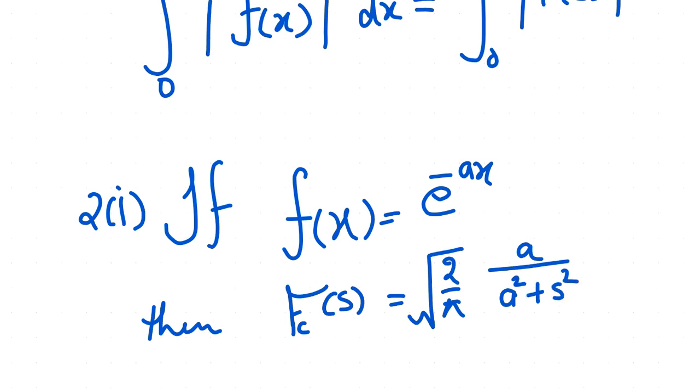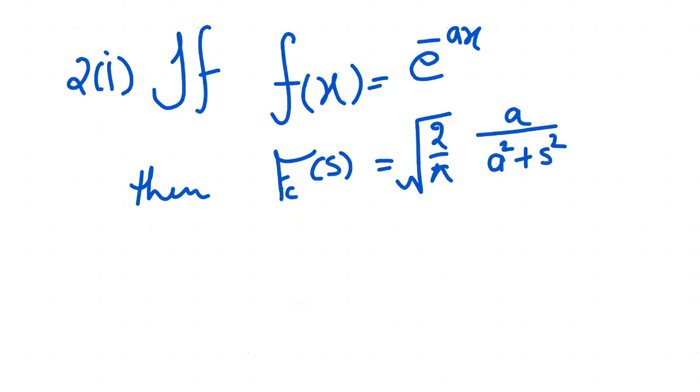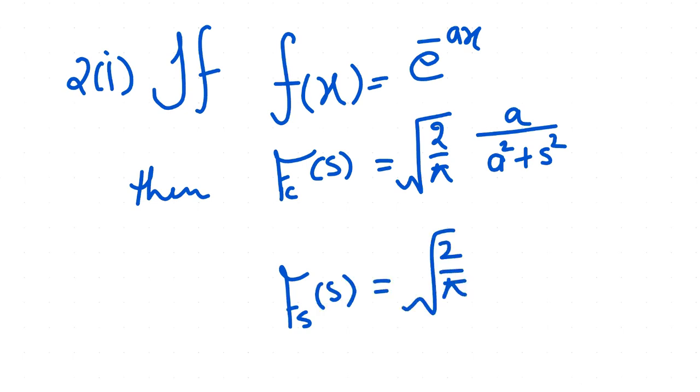And for sine, it is square root of 2 by pi, s upon a square plus s square. We have done this already.